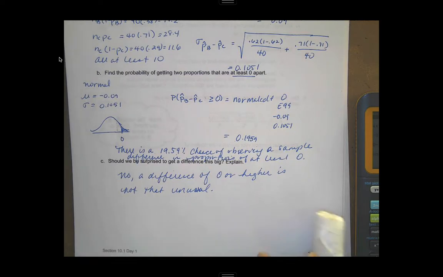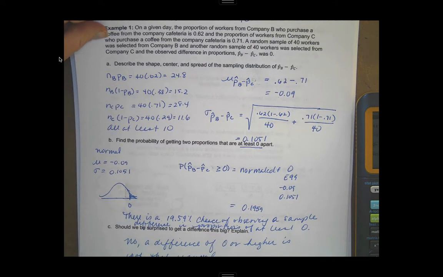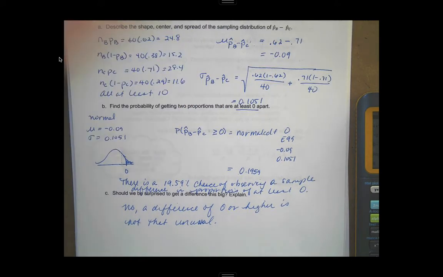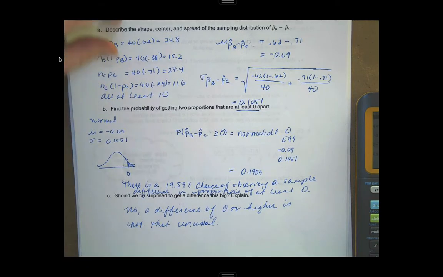Okay. Here's one of these problems like this in the homework where you're just going to check the normal check, find the mean, find the standard deviation, use that to find a probability. Okay?